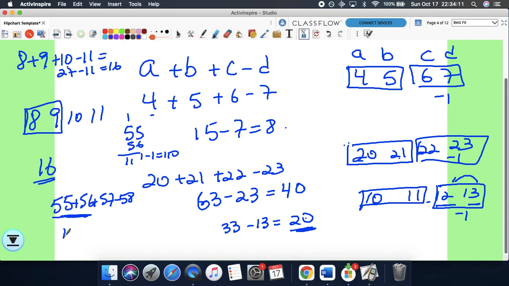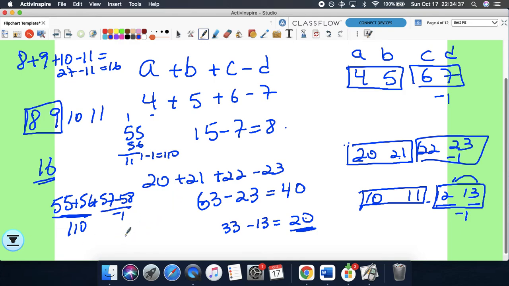So it's going to be 110. So let's add 55 plus 56 plus 57. Actually, I don't have to add all those. I know that these two are going to be negative 1, right? So 55 plus 56 is 111, minus 1, 110. And there's my generalization.